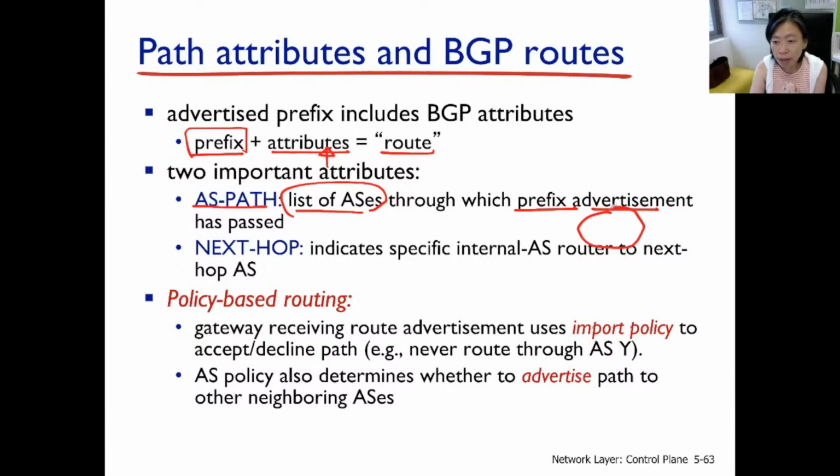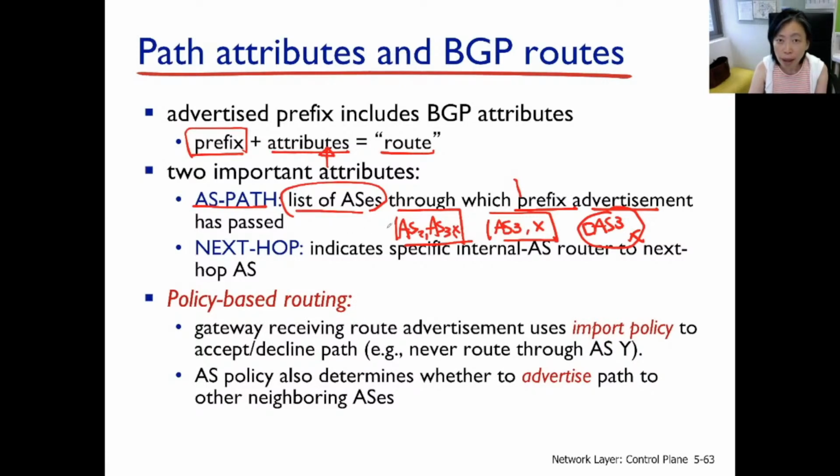The AS of network X, let's say AS3, receiving such an advertisement at the gateway router, is going to prepend its own AS number, AS3, before X, and send this out as the prefix advertisement to the neighboring AS. The neighboring AS, let's say AS2, receiving such an advertisement is going to prepend itself before it sends out further to AS2's neighboring AS.